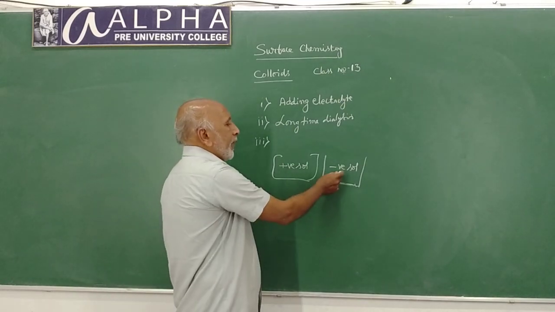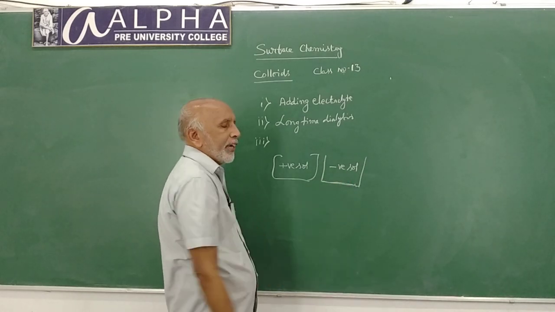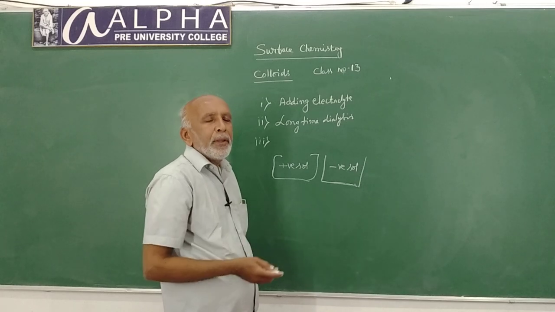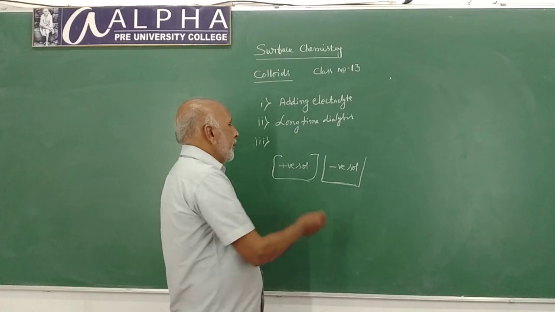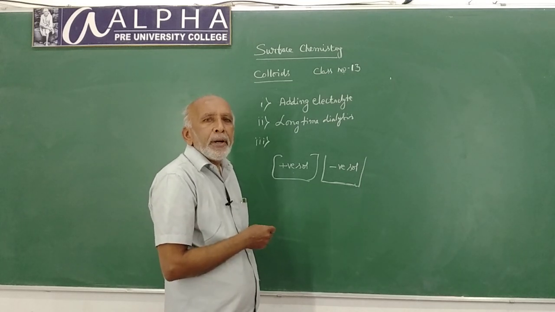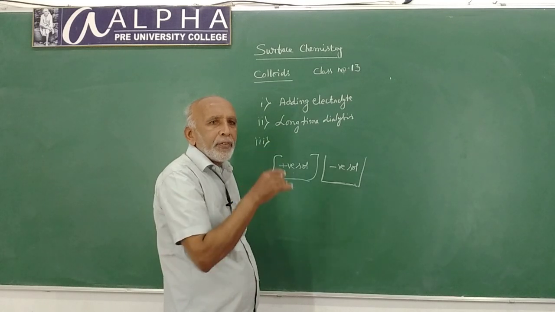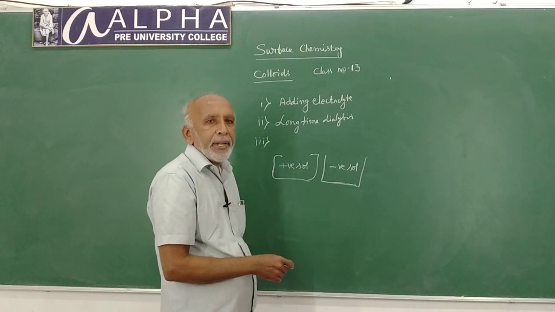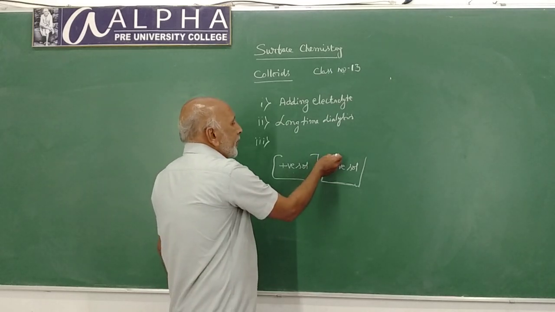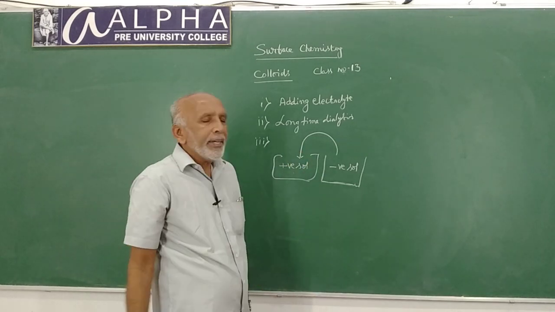Example for negative sol is arsenic sulfide sol. It is a negative sol, and metal sols are prepared by Bredig's arc method. Take a positive sol, say ferric hydroxide sol, prepared by adding ferric chloride, or hydrated ferric oxide. Now, to this positive sol, add a negative sol.